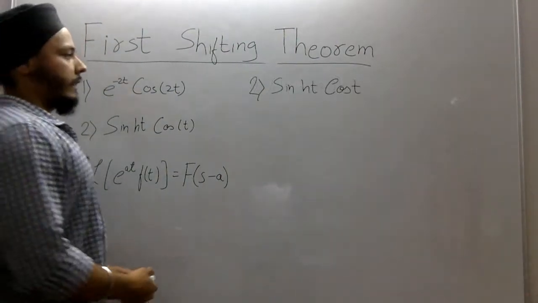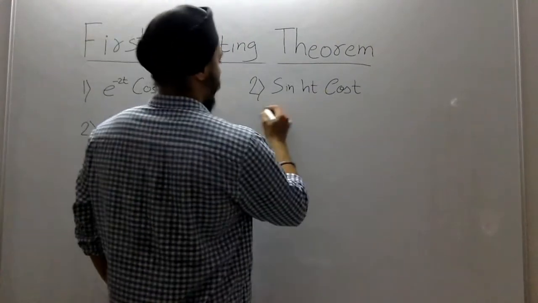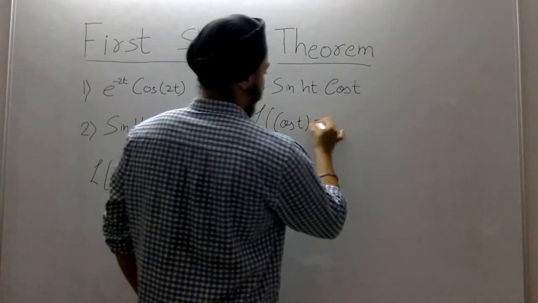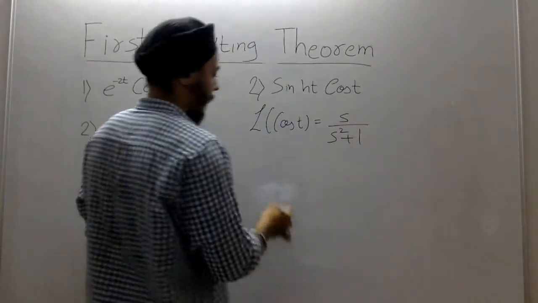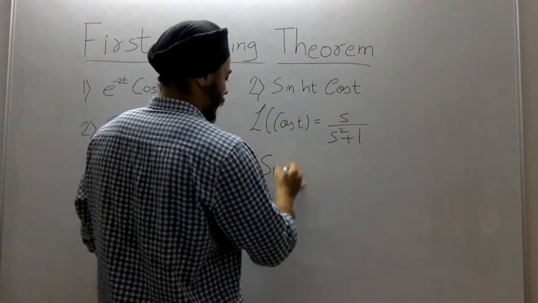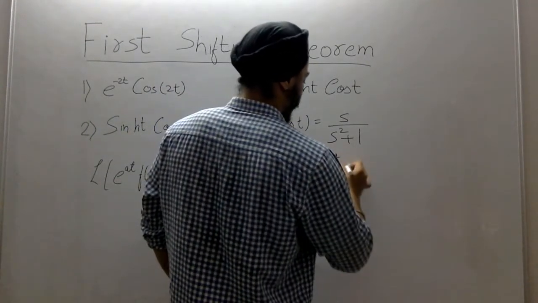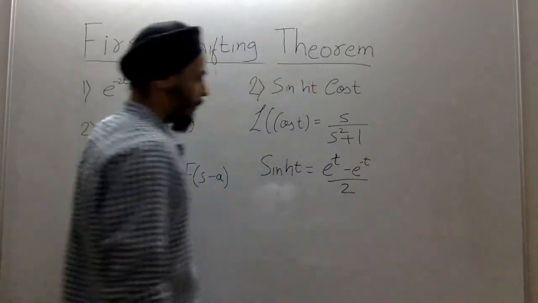Now let us take our second function, which is sin hyperbolic t cos t. We know that Laplace of cos t is equal to s over s square plus 1, and sin hyperbolic t we can write as e to the power t minus e to the power minus t by 2.